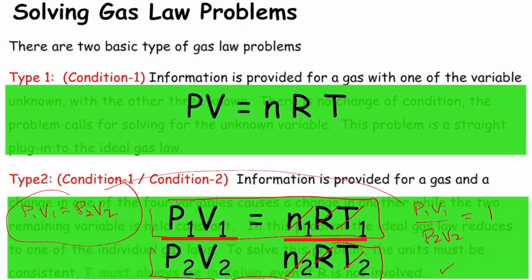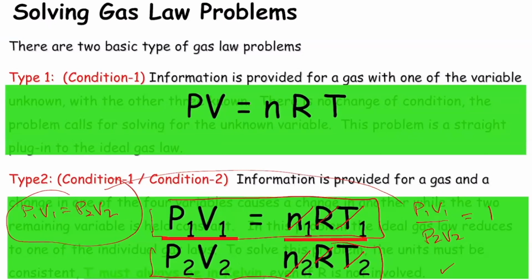So when you have condition 1 on top of an equation and condition 2 on the bottom, and the variables are constant, then they cancel out, and you get back the original gas law intended for that condition. Anyway, keep that in mind so that it makes the math easier for you.